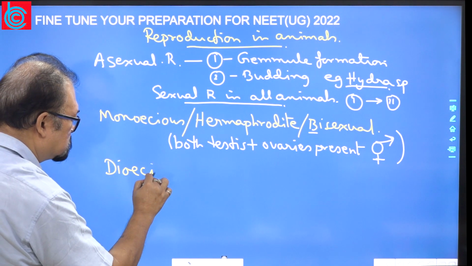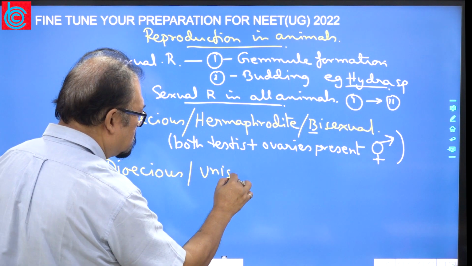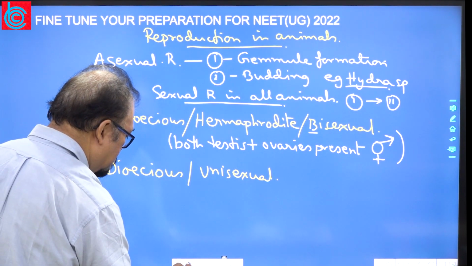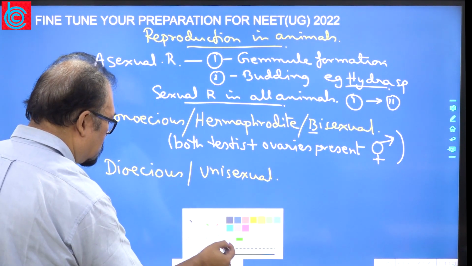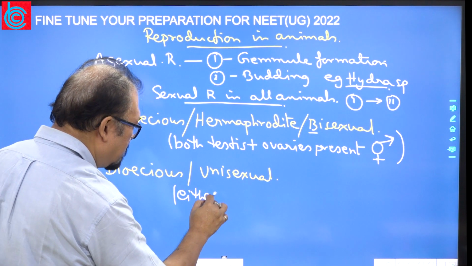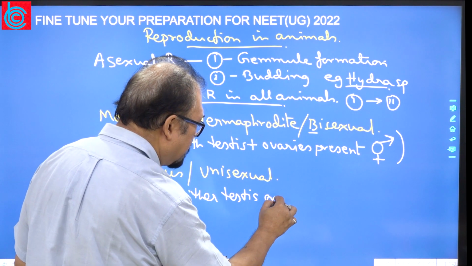Dioecious, unisexual. Either testes or ovaries are present.